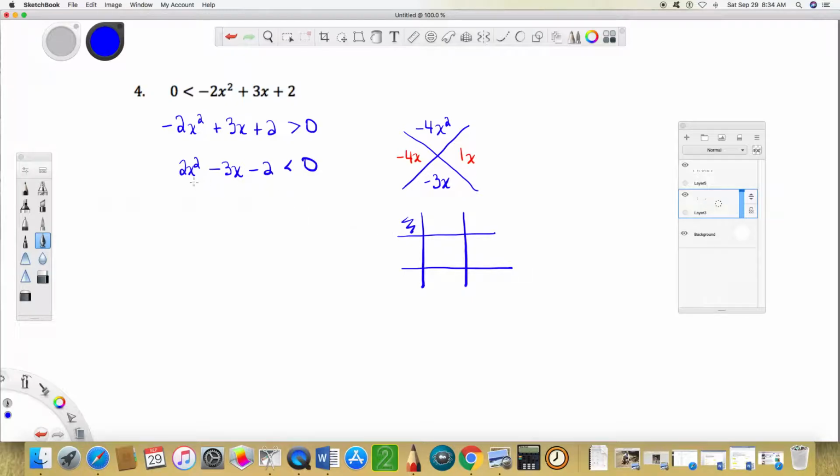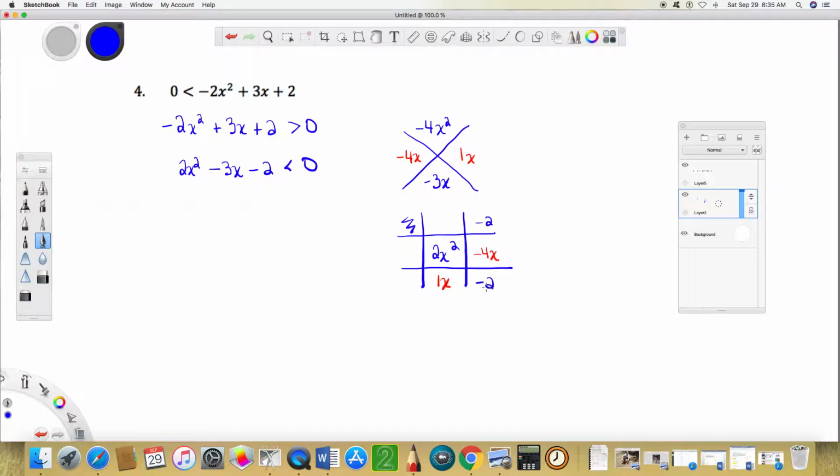All right, so again, I use the first and the last along one diagonal, and the two values that I found for my x along the other diagonal. It doesn't matter where I put the -4x, whether I put it here or here. All right, so now I factor this both horizontally and vertically.